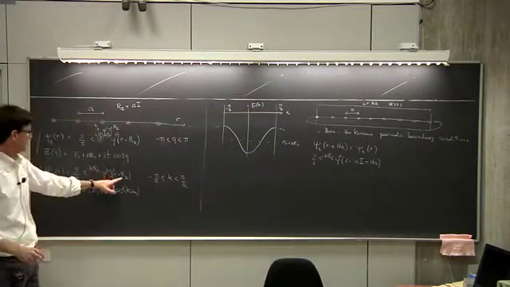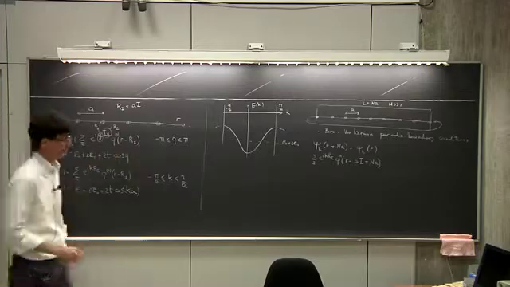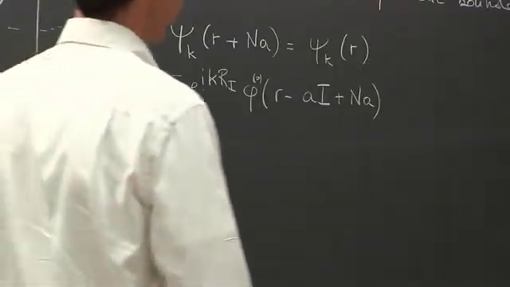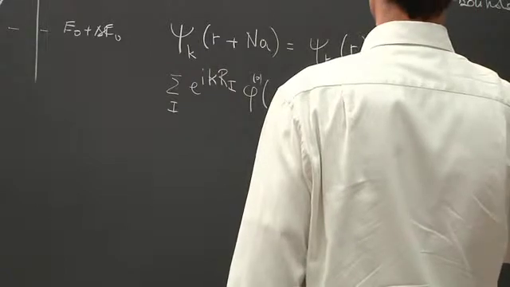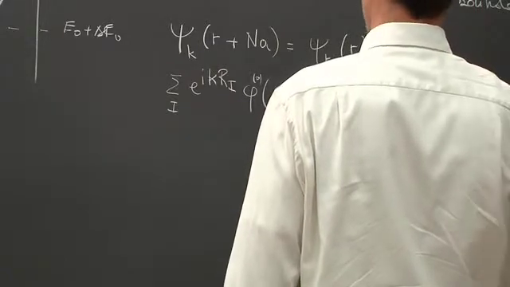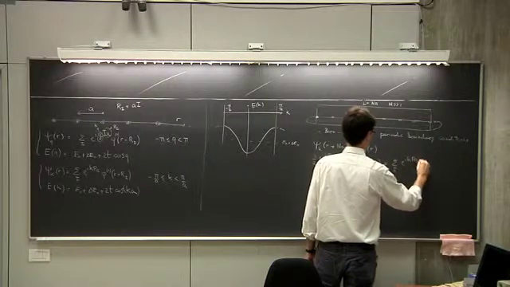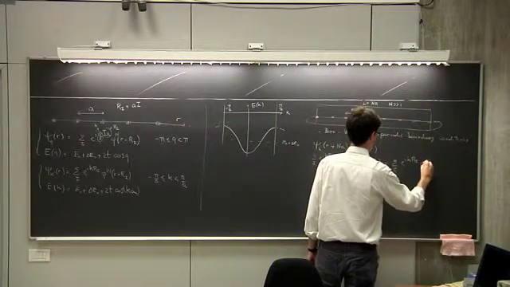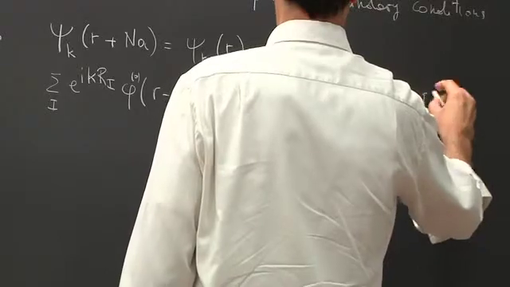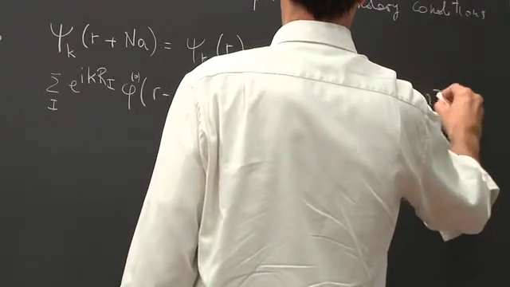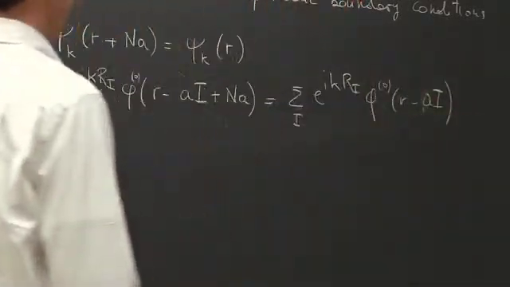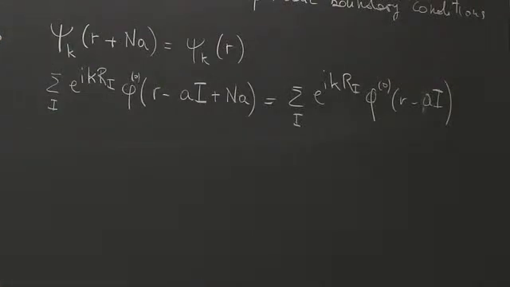Okay, I'm writing r_i as a_i plus Na, and this must be equal to the sum over i of e to the i k r_i phi_0 of r minus a_i. Okay? I need to impose this. Let's see what we get if we impose this equality.